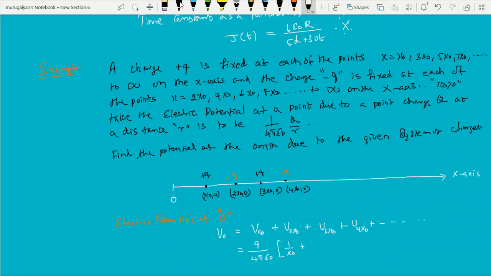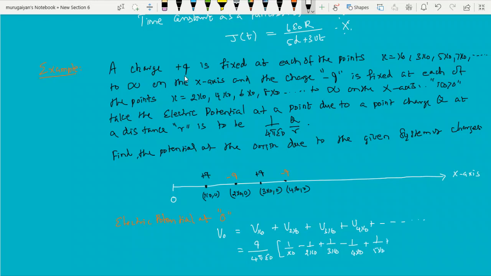The next one should be minus 1 by 2x naught, plus 1 by 3x naught, minus 1 by 4x naught, and plus 1 by 5x naught.